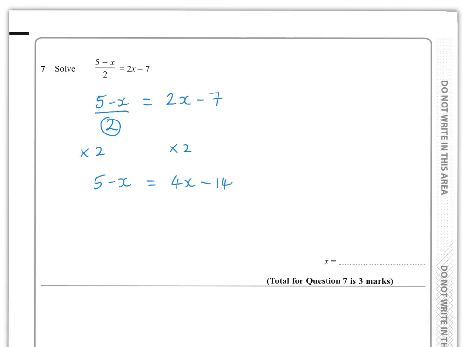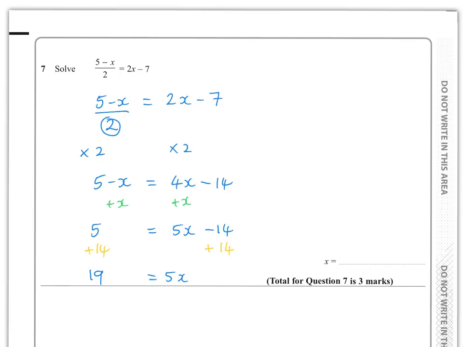I'm then going to get the x's on one side, so I'm going to add x to both sides. And that's going to give me 5 equals 5x minus 14. And then I'm going to add 14 to both sides. And that gives me 19 equals 5x.